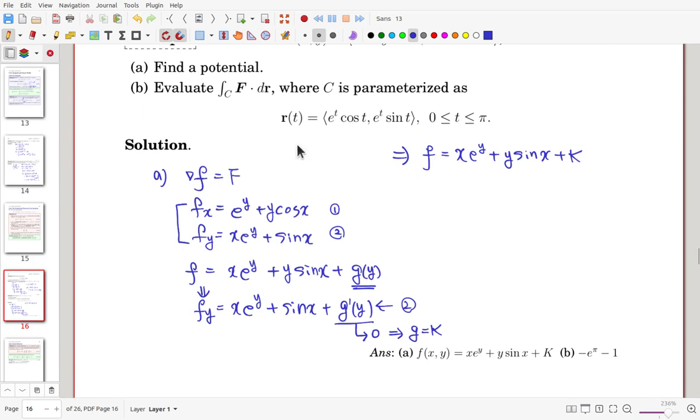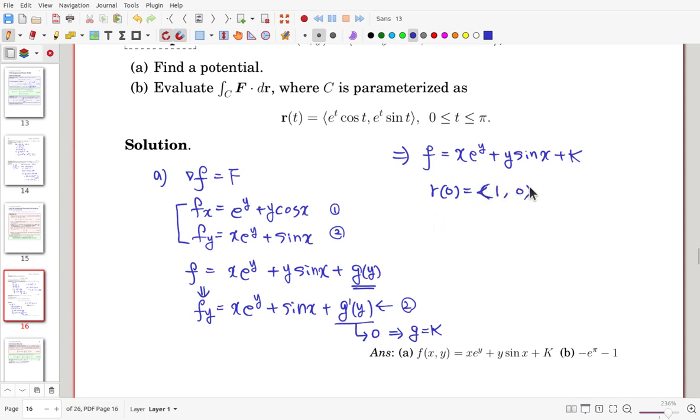So to evaluate the integral, now we have to use the beginning point of the curve and the end point of the curve. Because it is independent of path, you are taking only the beginning point and end point. Okay, so R(0) is the beginning point, t is 0. Then that is 1, and the second component must be 0.